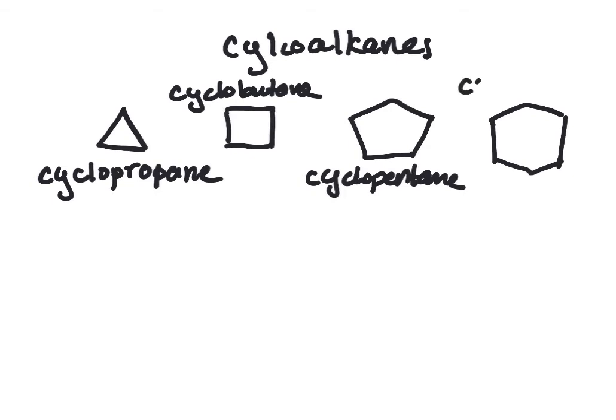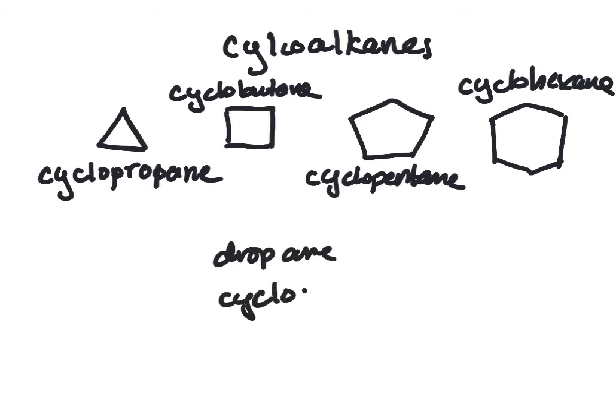And the fourth, cyclohexane. If you have a cycloalkane as a substituent, so the squiggle represents a main chain with the ring coming off, you drop the ane and it becomes a cyclopropyl substituent. So similar to what happens when you have an alkyl substituent.